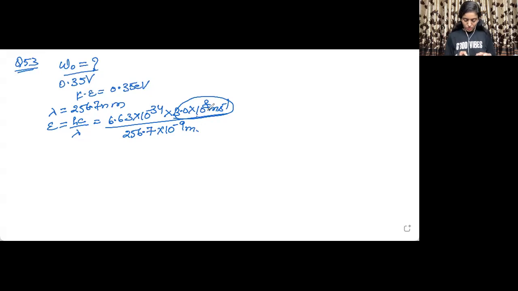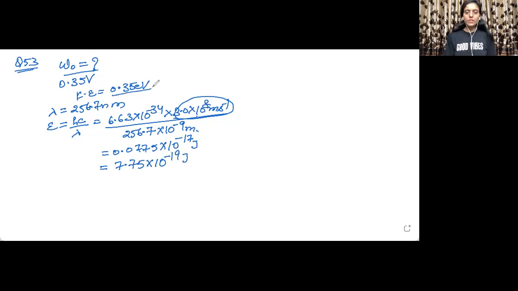So 6.63 multiplied by 3 divided by 256.7 equals 0.0775 into 10 raised to the power minus 34 plus 17 minus 17 joule. So it is equal to 7.75 into 10 raised to the power minus 19 joule.